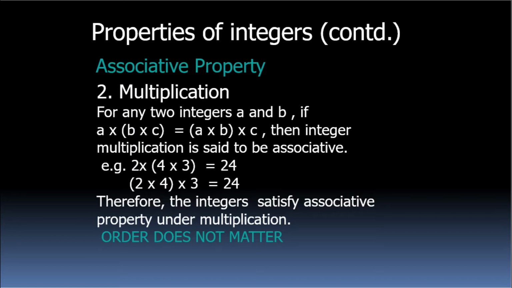So 2 multiplied by 4 times 3: 4 threes are 12, multiplied by 2 equals 24, and 2 times 4, multiplied by 3 equals 24. Therefore, integers satisfy the associative property under multiplication. Again, order does not matter.